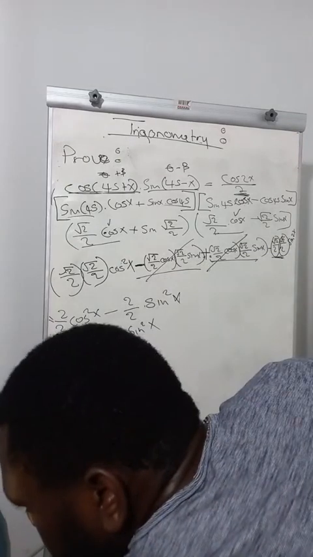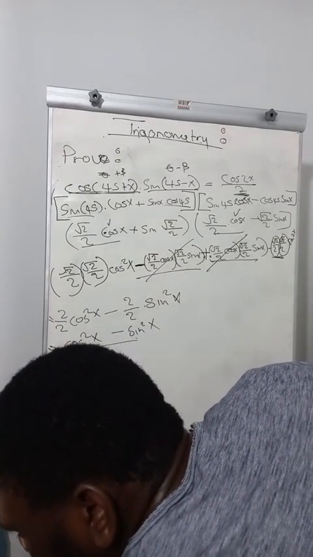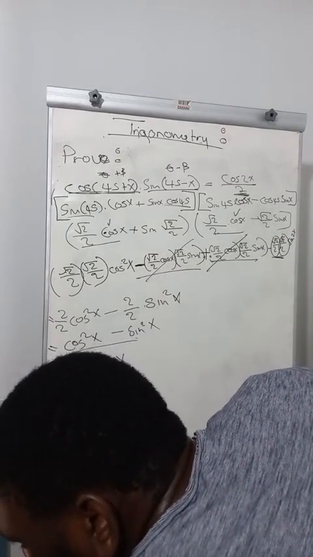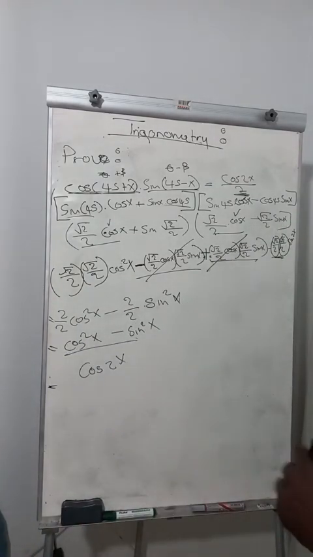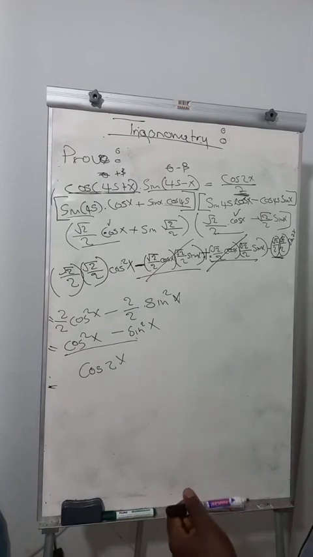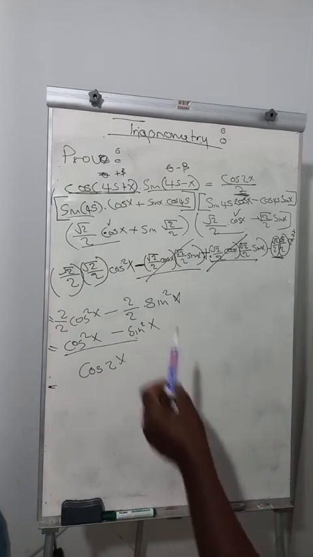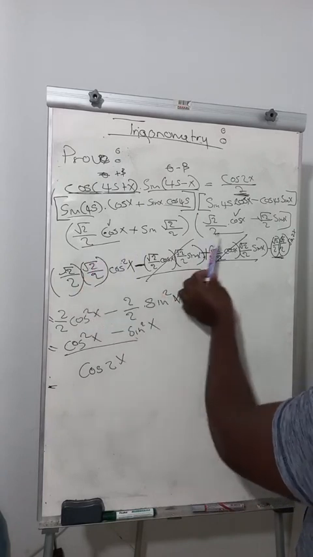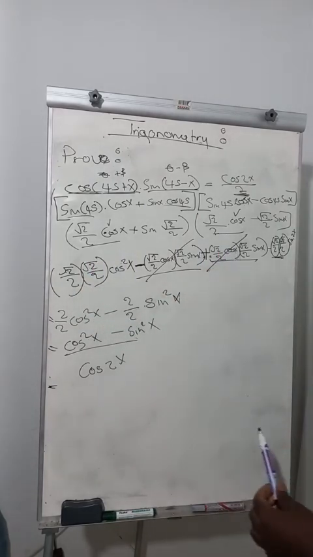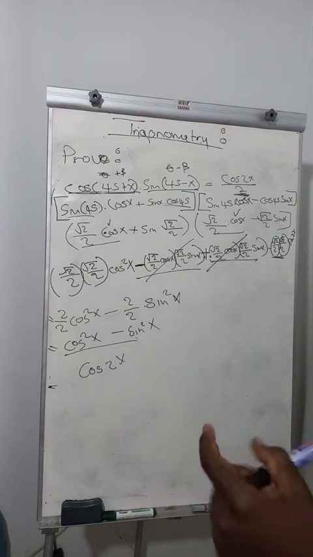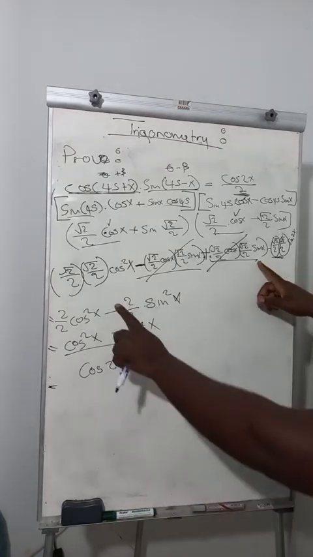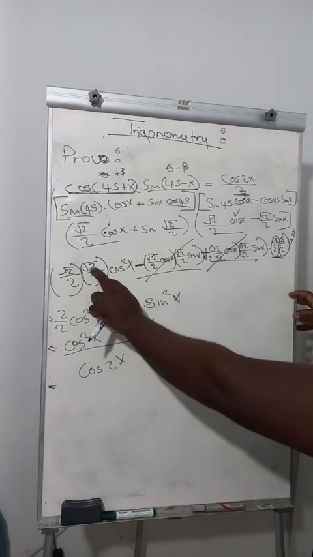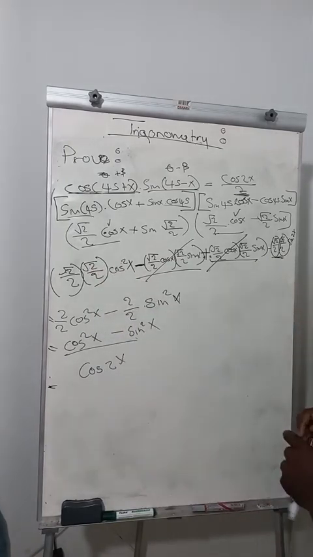Let me check the question properly. You'll have this and then this. Where did I go wrong? Sine squared. Okay, I'm having this multiplied by that. That's fine.